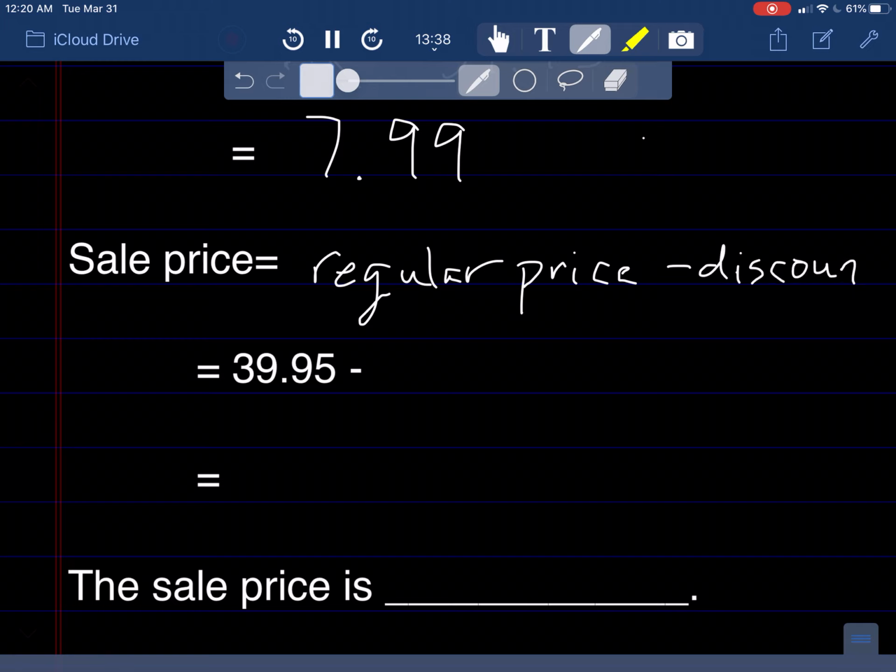All right, so the regular price we have here, $39.95, and we are subtracting the discount, which we figured out was $7.99. Okay, so now, again, take your calculators, take your scratch paper, whatever you choose, pause the video and figure out what 39.95 minus 7.99 is.